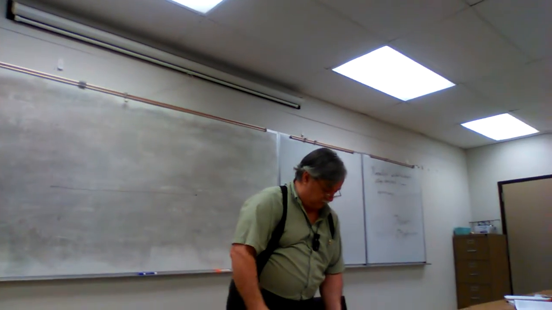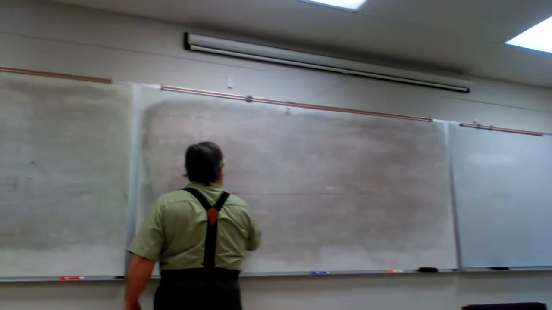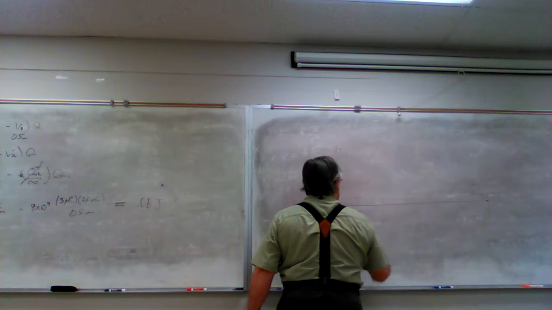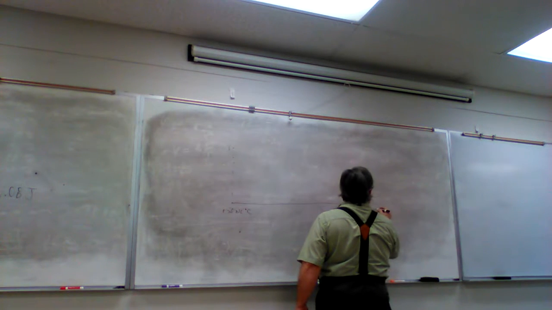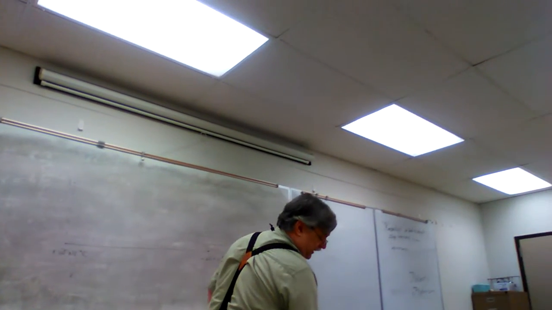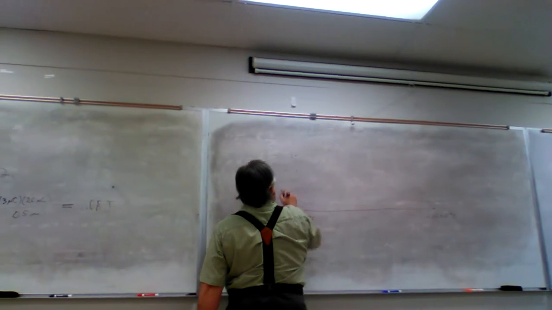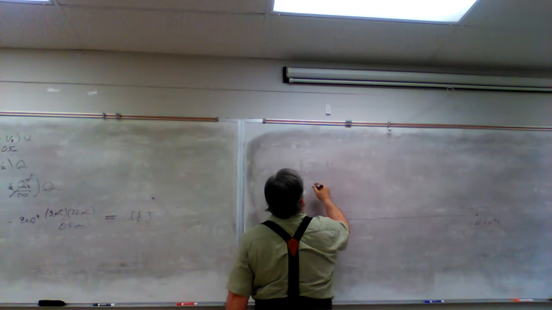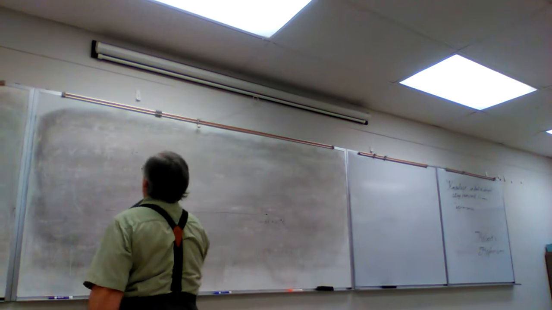We draw us out. We've got plus 50 times 10 to the minus 6 coulombs and minus 50 times 10 to the minus 6 coulombs. Point A is directly above the positive 50 microcoulombs, a distance of 0.3 meters.